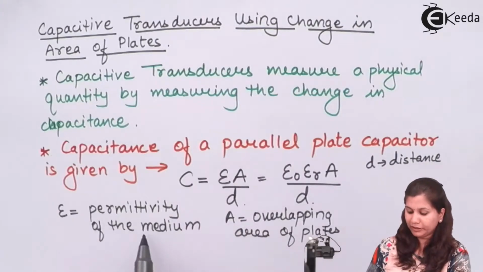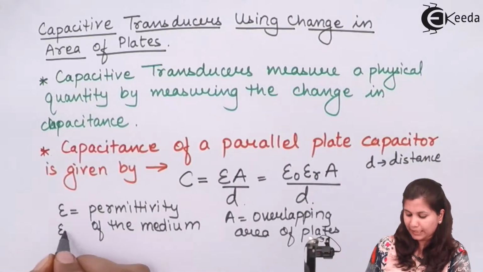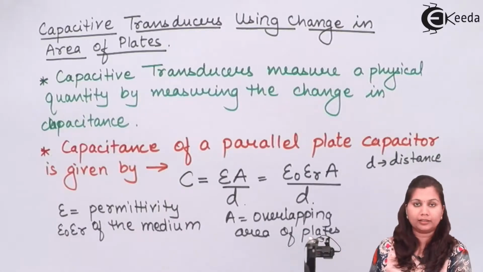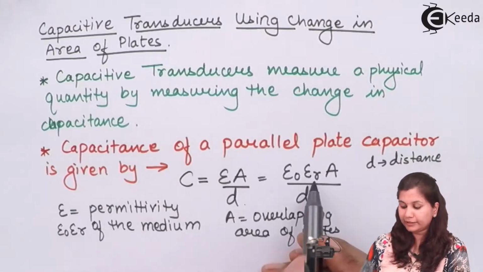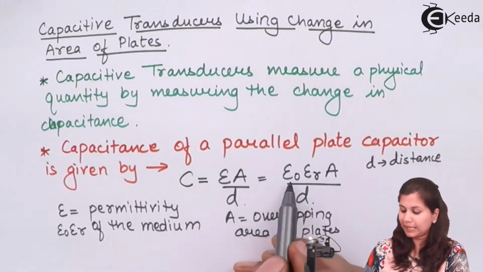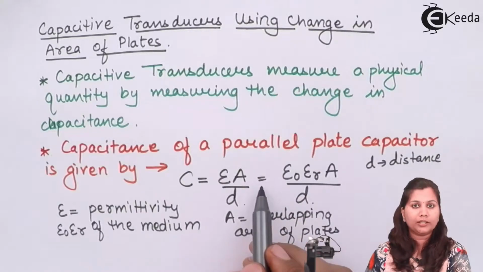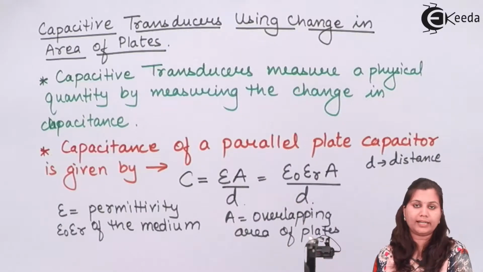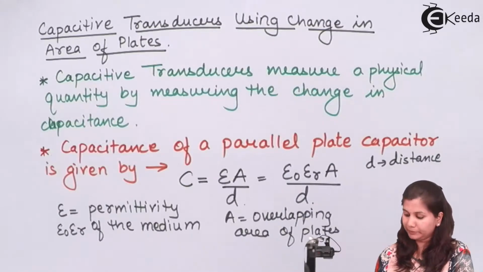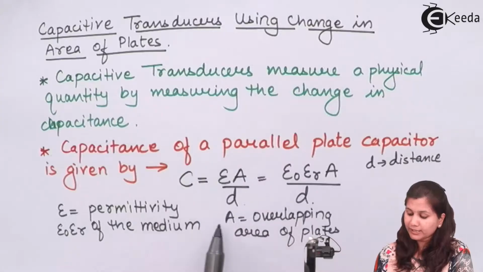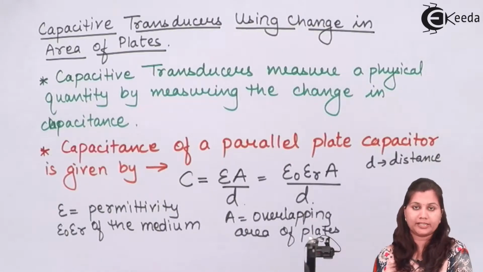Now this permittivity of the medium is equal to epsilon naught epsilon R, where epsilon R is the relative permittivity of the medium and epsilon naught is the permittivity of free space, which is a constant 8.85 into 10 raised to the power minus 12 farads per meter. So this is how the capacitance is defined.